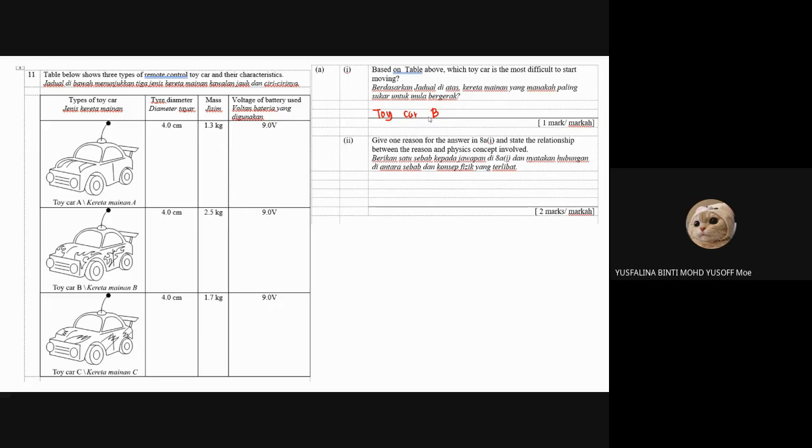So how is it? Yes, very good. One reason is because it has the highest mass. So the relationship is: the higher the mass, the higher the inertia.